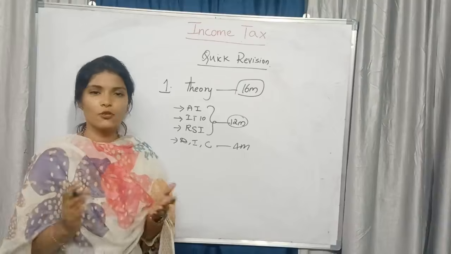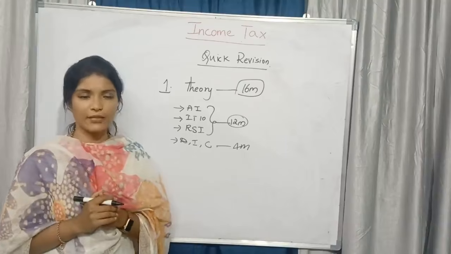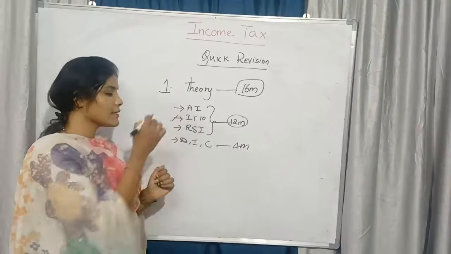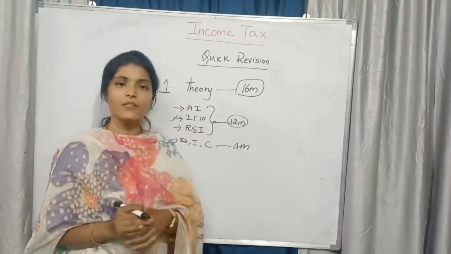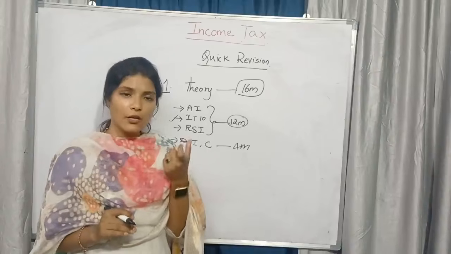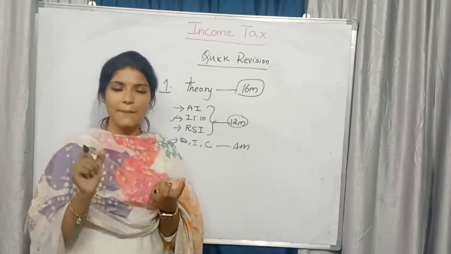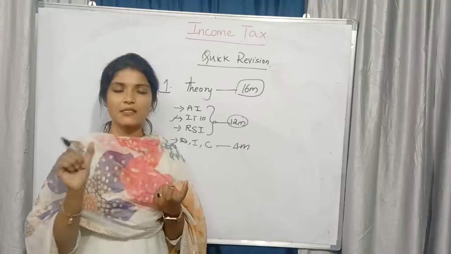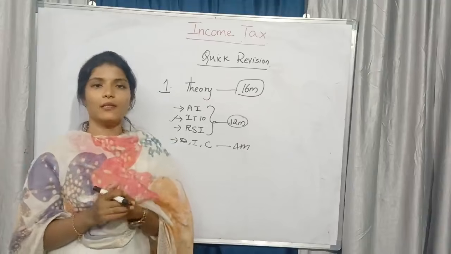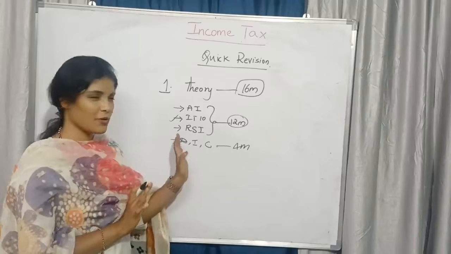For this we should not pay any tax to the government. What about the Income Tax Act under section 10? There are certain acts according to the section names, which deal with a sector. For example, agriculture sector, section 10A, like that. You need to remember this.